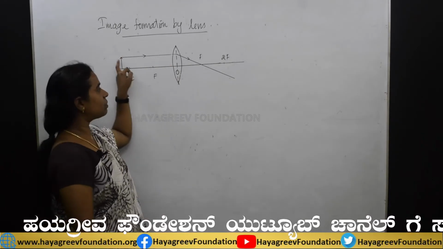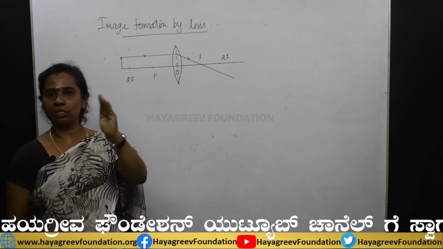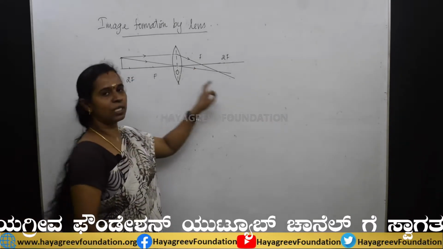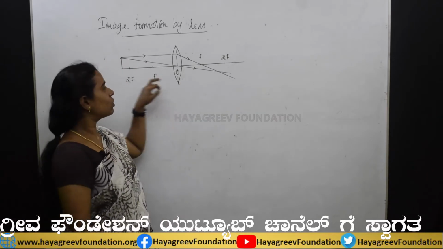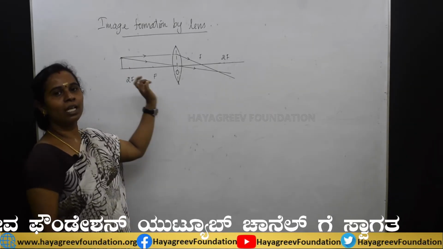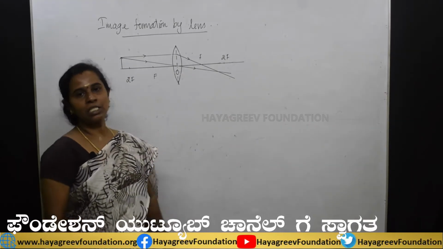If the ray passes through the optic center, without deviation it will go in a straight line. So the angle of deviation when the light ray is traveling through the optic center is 0.